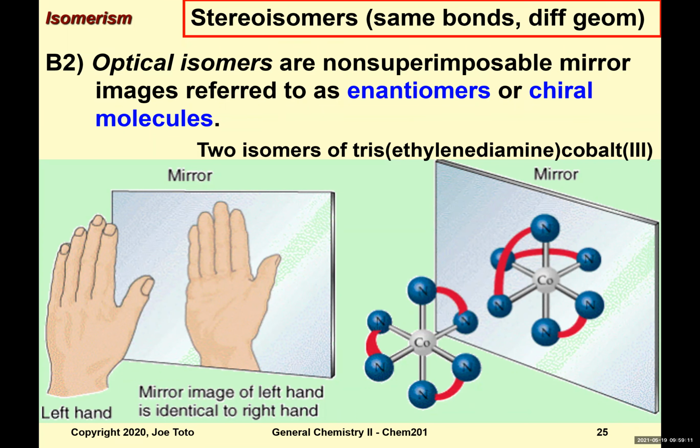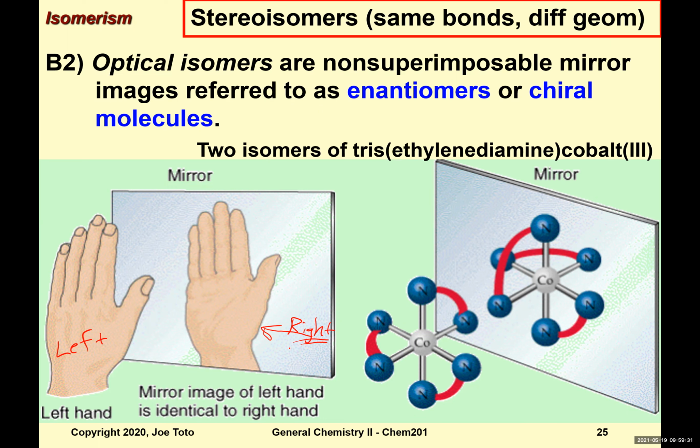But one illustration of these optical isomers, and sometimes they're explained this way, is that if you put your left hand up in front of a mirror, so say this is your left hand, then if you look in the mirror, it generates a picture of your right hand. Okay.